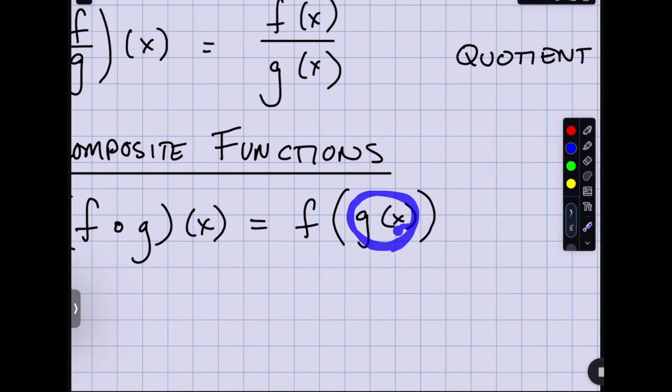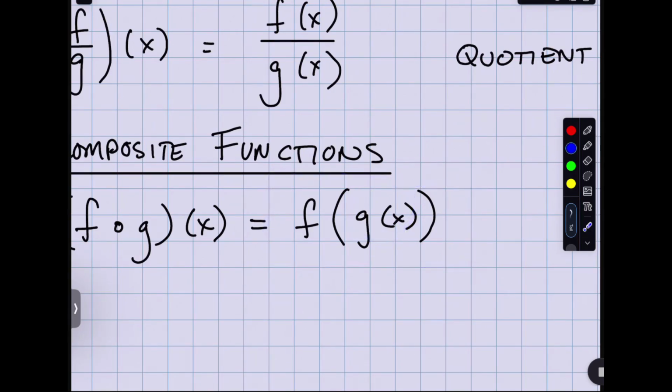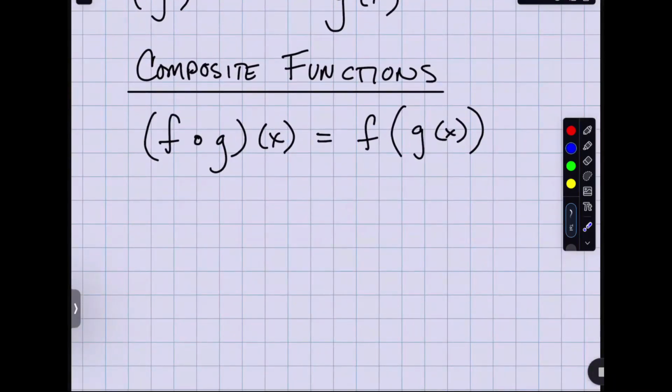Whatever result comes out, feed it into f of x. So do g of x first, then feed it into f of x. Does that make sense? So it's a two-step process. I eat, I result, he eats or she eats. That's what a composite is. It's totally a human centipede. Tell me it's not.